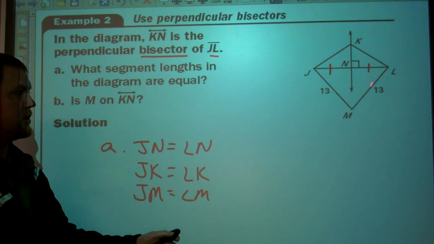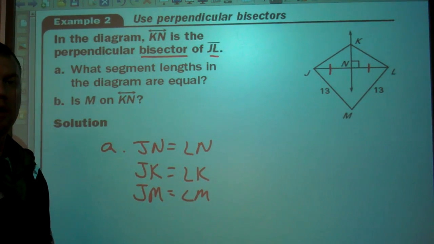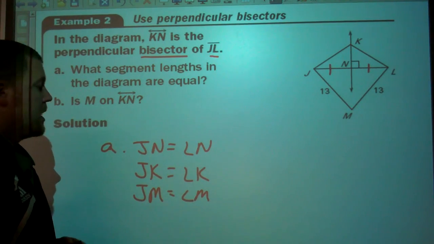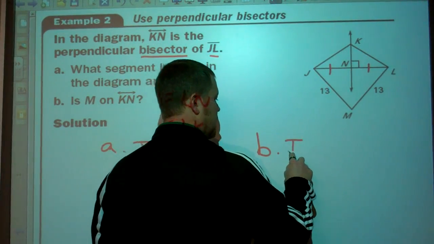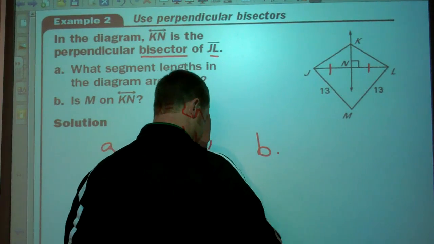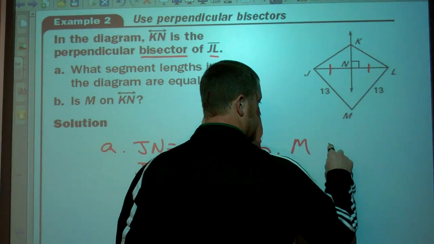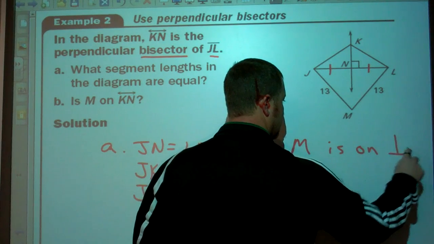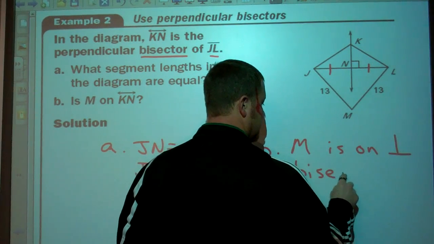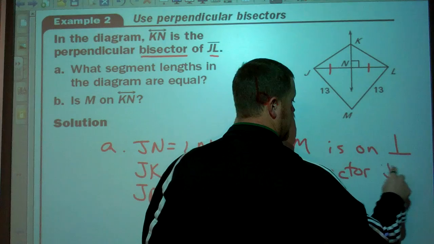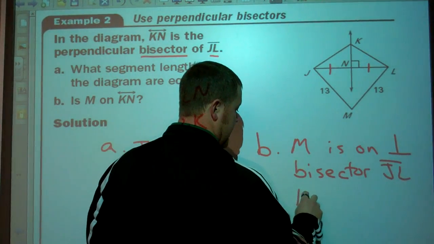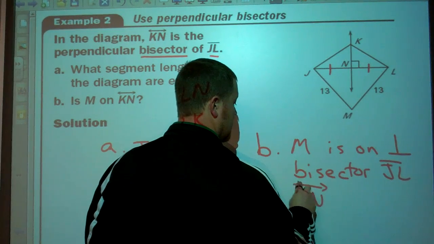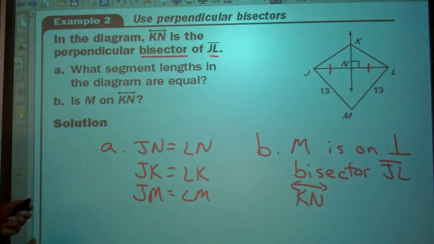Therefore, point M is on the perpendicular bisector of segment JL. Which line is that? That is line KN. So yes, it is on line KN.